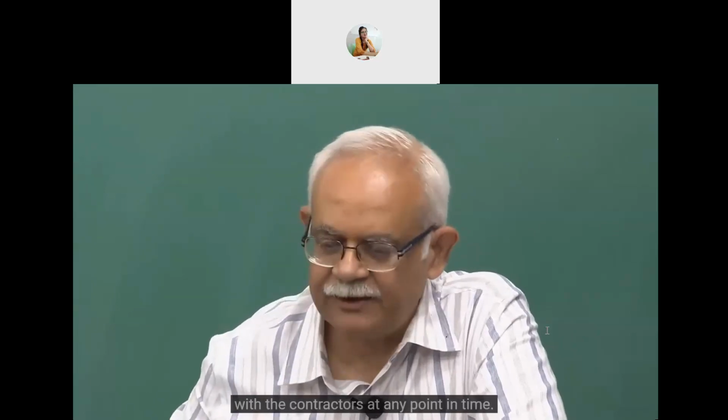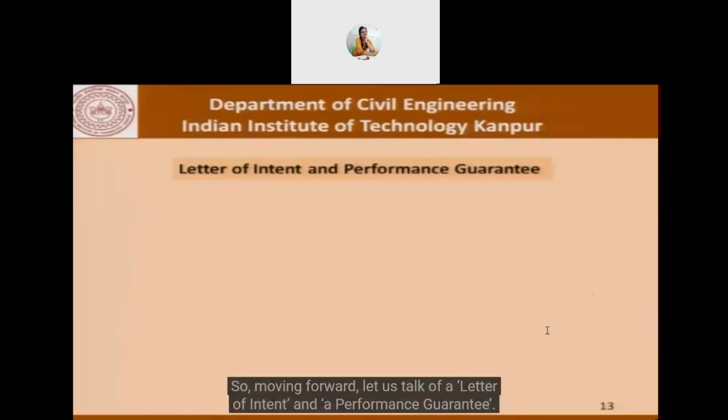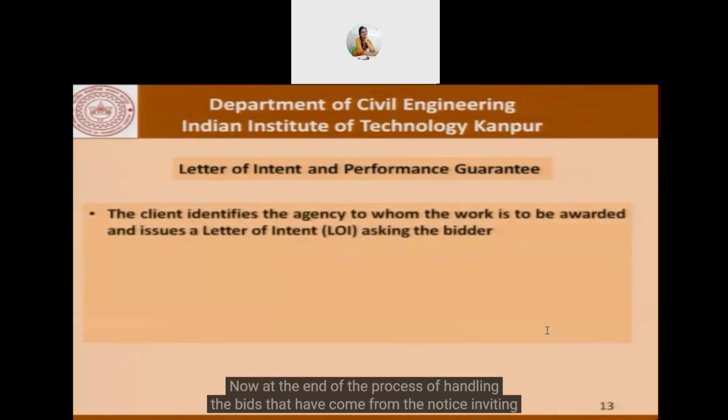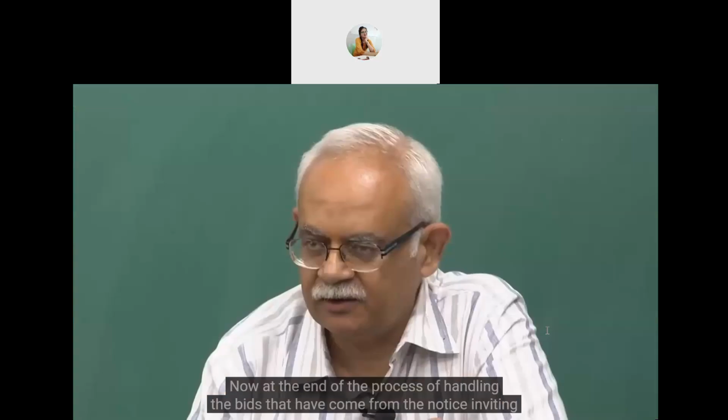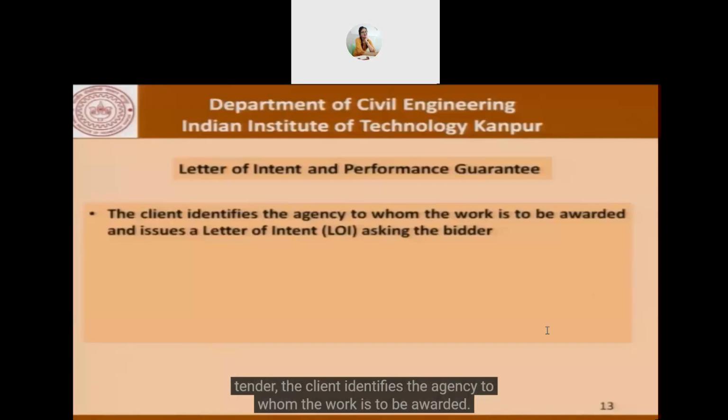So moving forward, let's talk of a letter of intent and a performance guarantee. Now, at the end of the process of handling the bids that have come from the notice inviting tender, the client identifies the agency to whom the work is to be awarded. How it is done, we will take up later, and issues what is called a letter of intent.